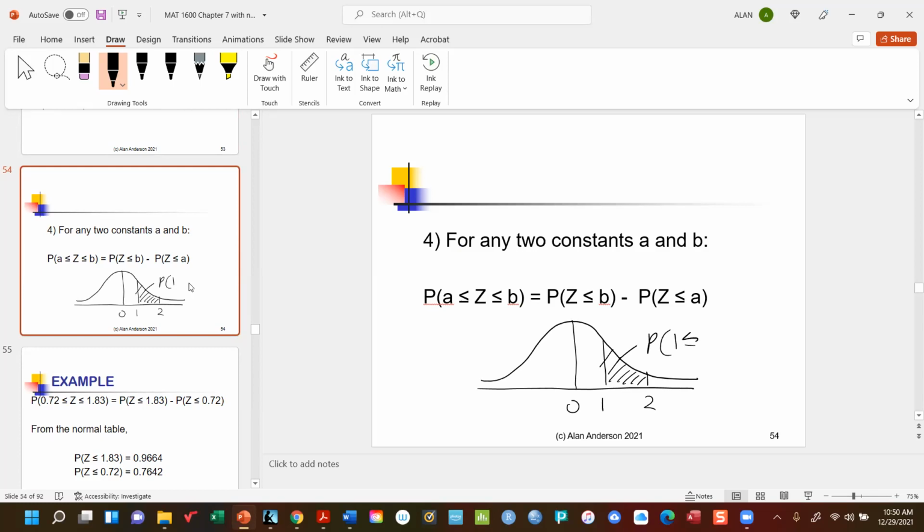But there's a way we can work around that. What we're going to do is this. Actually, I need to draw this one more time. Let me see if I can do it this way.